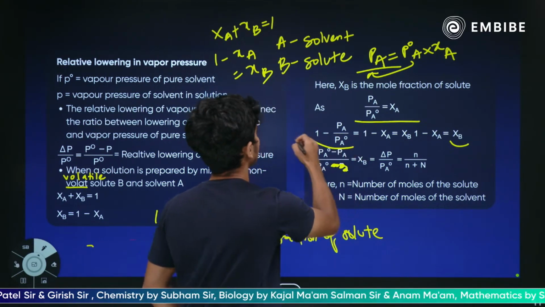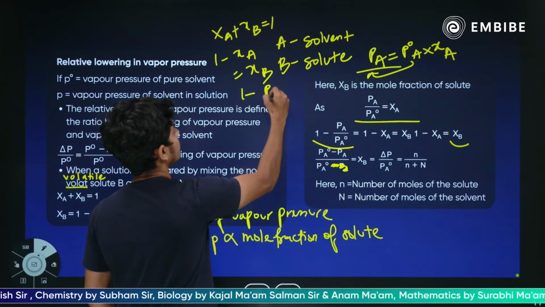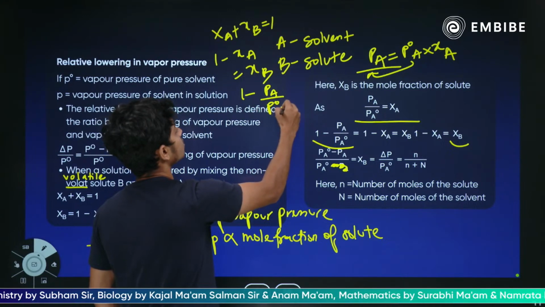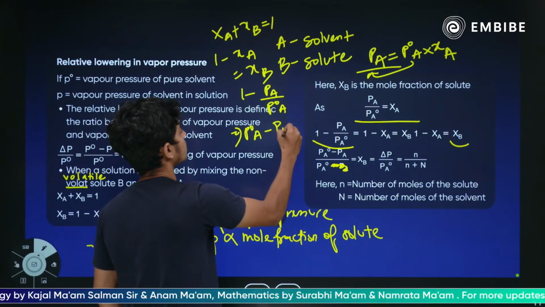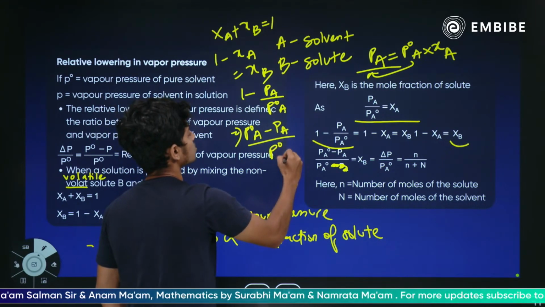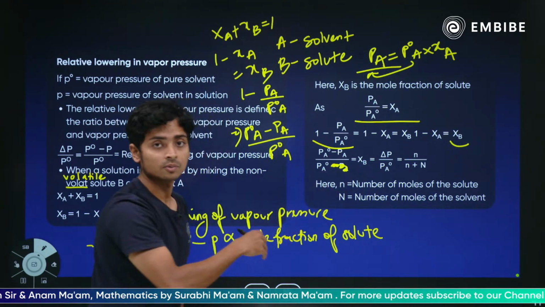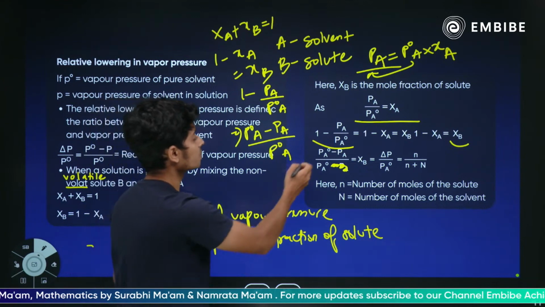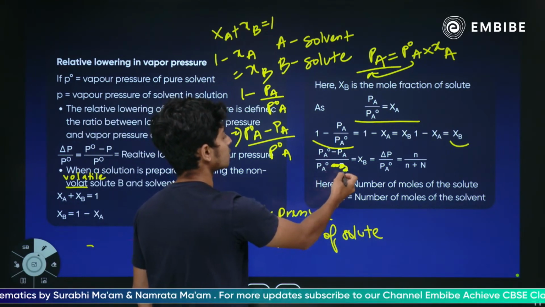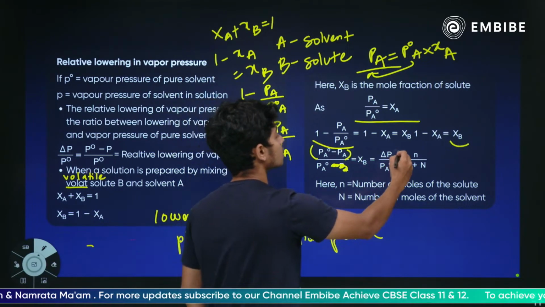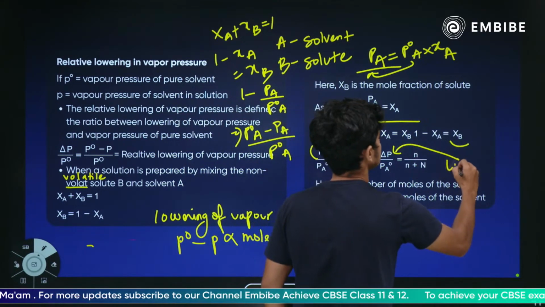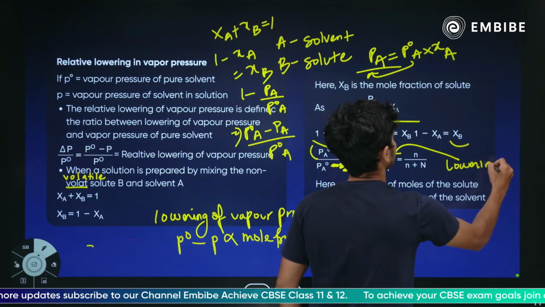If you take 1 minus PA by P naught A, you will get P naught A minus PA by P naught A. I have removed that error. So P naught A minus PA by P naught A is equal to xi B. This P naught A minus PA is your lowering of vapor pressure.